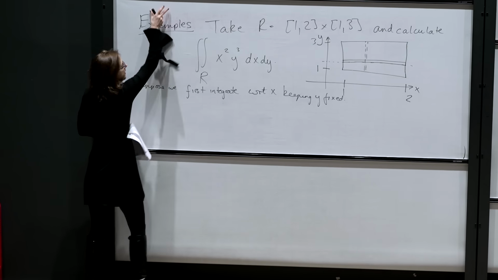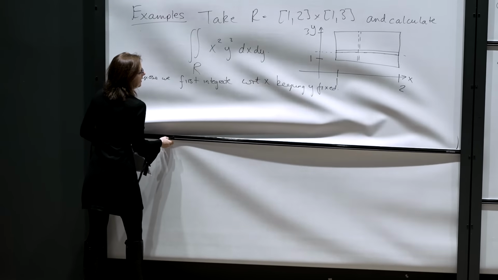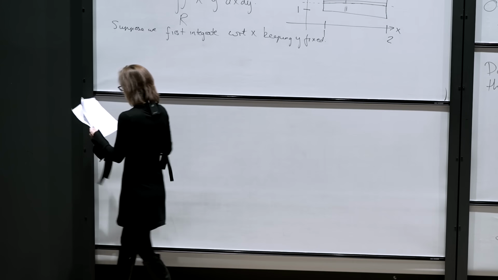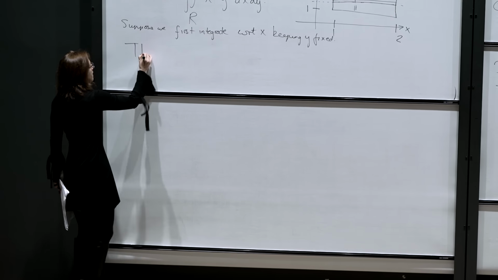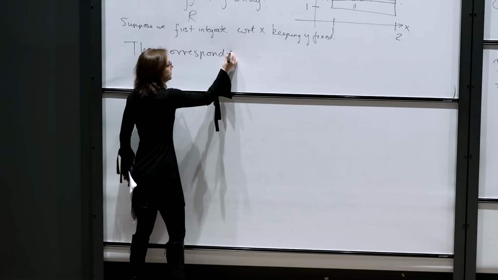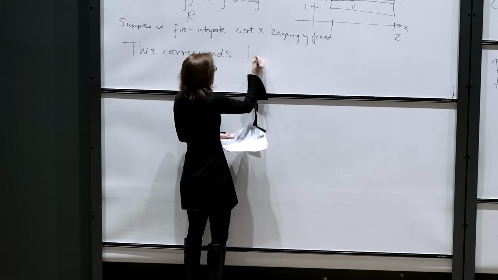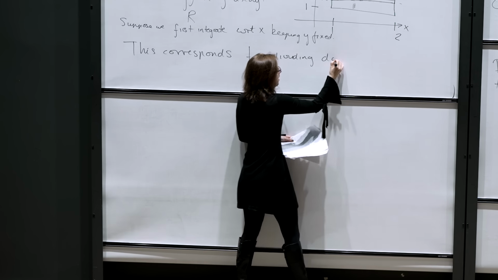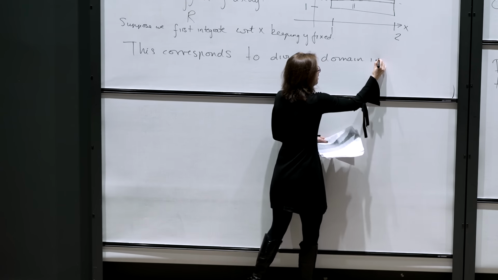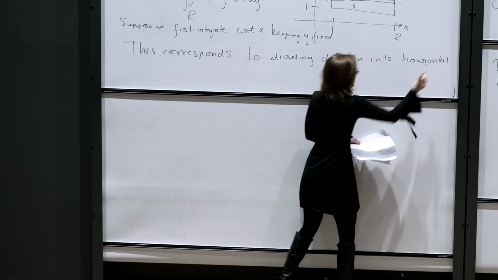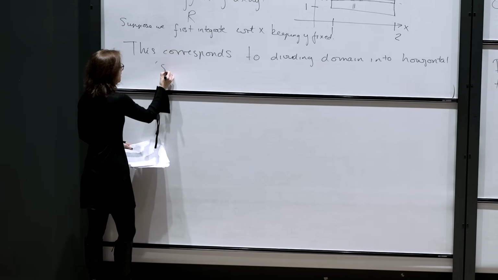So if we integrate first with respect to x, keeping y fixed, this corresponds to dividing the domain into horizontal slithers.